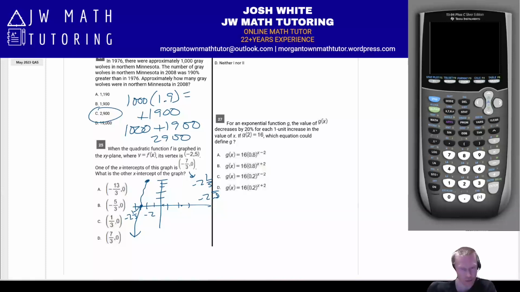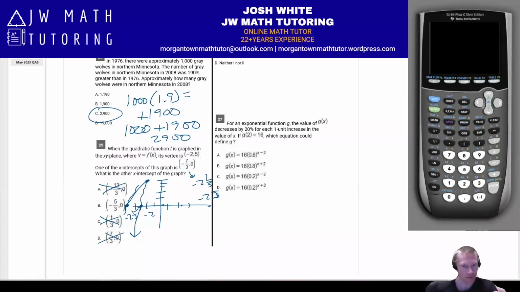Those are not going to be symmetric graphs because the x-intercepts are symmetric with respect to the vertex, i.e., the same distance away. So C and D are just out right away. And notice -13/3 would be like -4 and a third, that's going to be way over here. If you had the x-intercept over here, that doesn't make any sense. That's not what a quadratic function looks like. So you can actually eliminate A, C, and D just by drawing a picture and estimating.